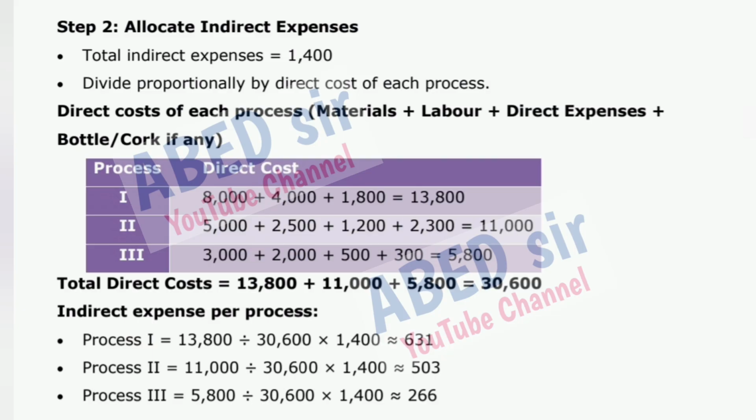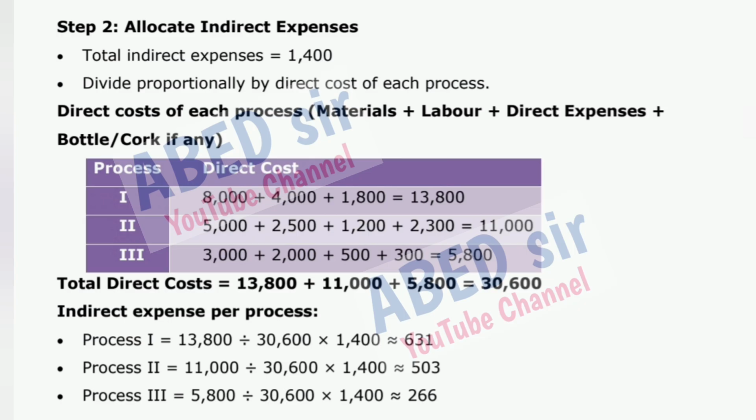Step 2. Allocate indirect expenses. Total indirect expenses is equal to 1,400. Divide proportionally by direct cost of each process. Direct costs of each process: materials plus labor plus direct expenses plus bottle cork if any. Process 1: 8,000 plus 4,000 plus 1,800 equals 13,800.